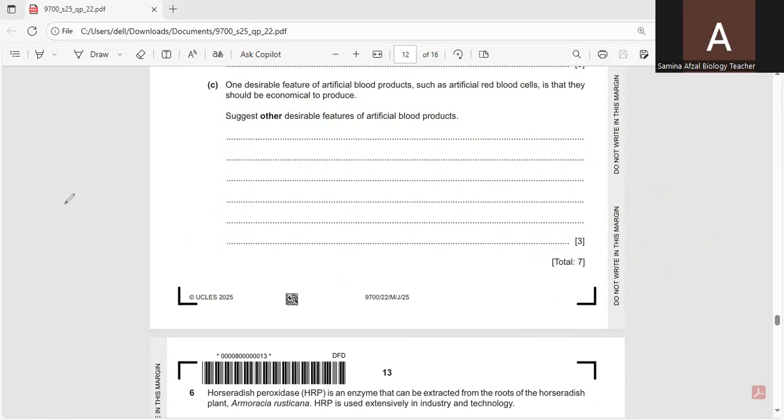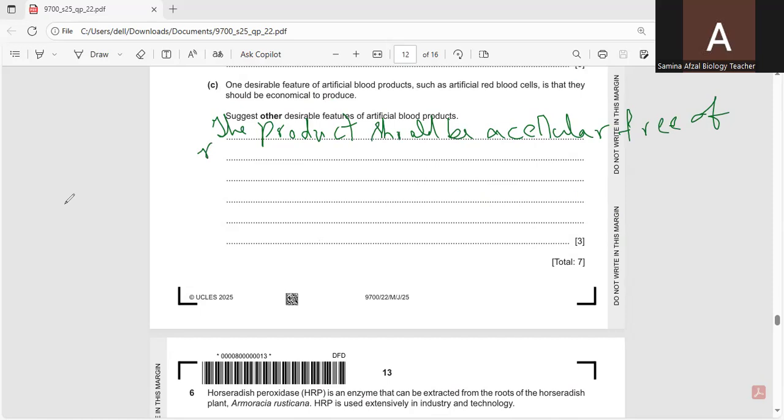First, the technique I would like to discuss is that the product should be acellular, meaning free of red blood cell surface antigens.